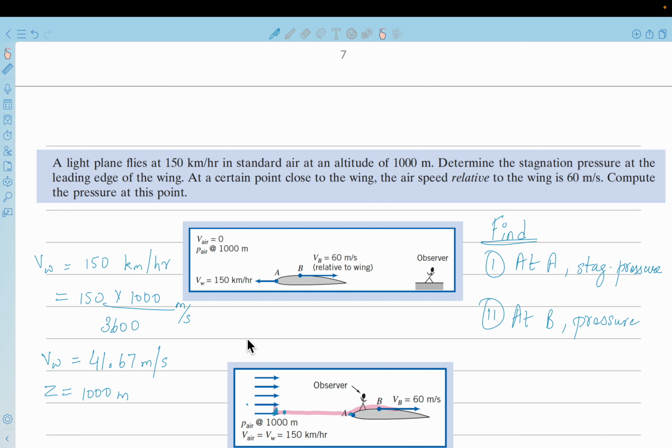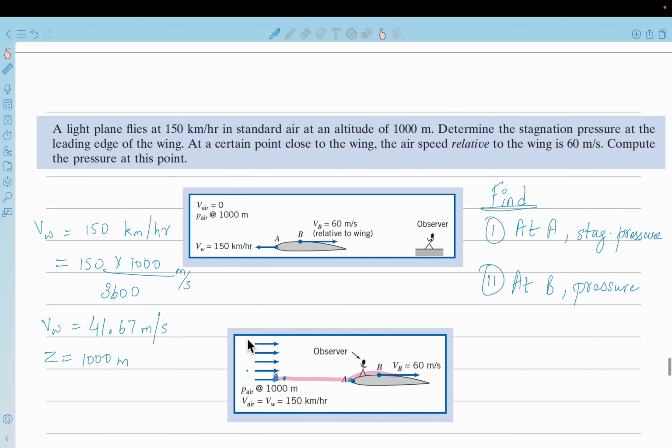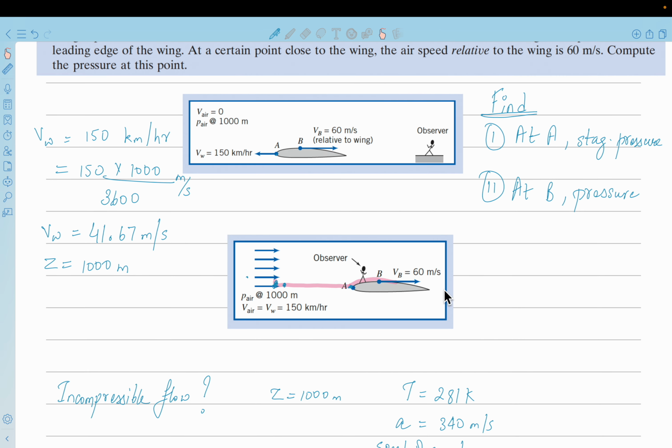Yeah, so when the flow is unsteady, I cannot apply Bernoulli's equation. But in this scenario, when you place the observer on top of the airfoil or on top of this wing, then in this new frame of reference, it is a steady flow because the frame itself is moving in time.